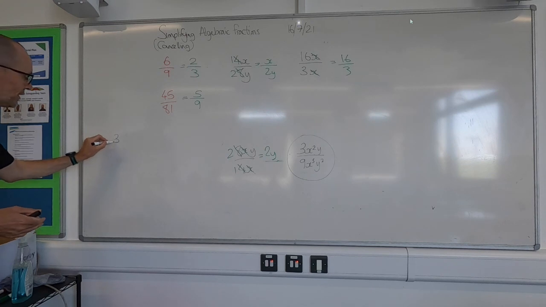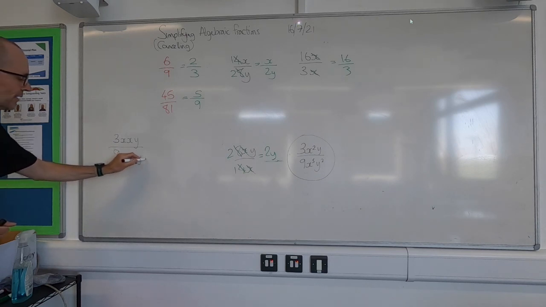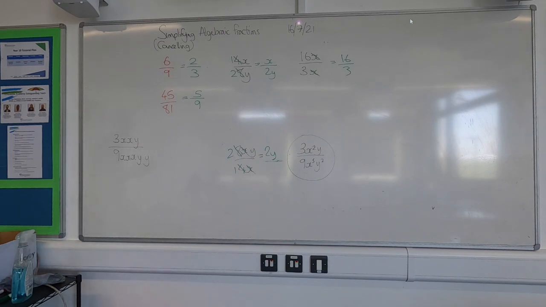So I've got 3x squared, so that's x times x times y, over 9x cubed, so that's x times x times x, times y squared. And if you get one like that, writing it like this means you can't fail to get it right. I know firstly with the numbers that I can divide them both by 3.